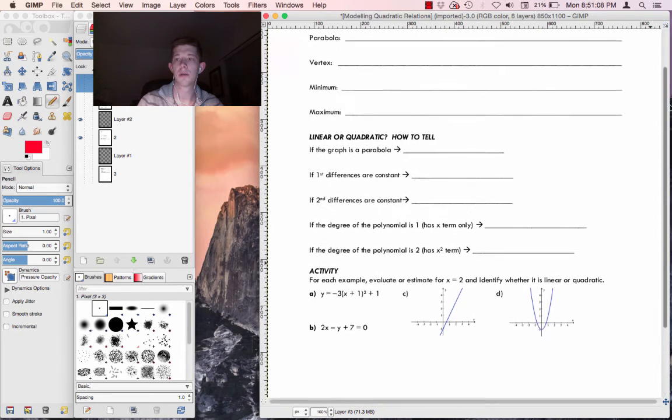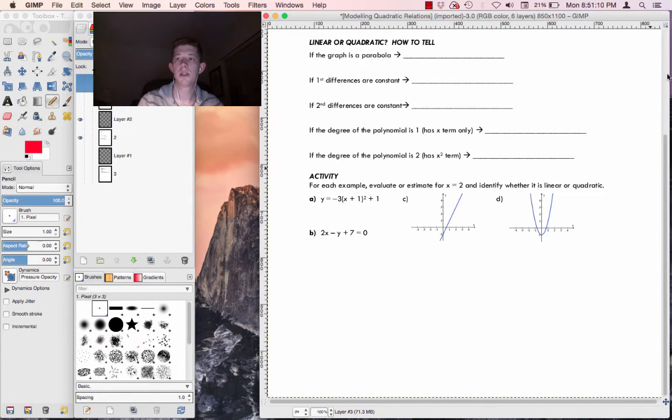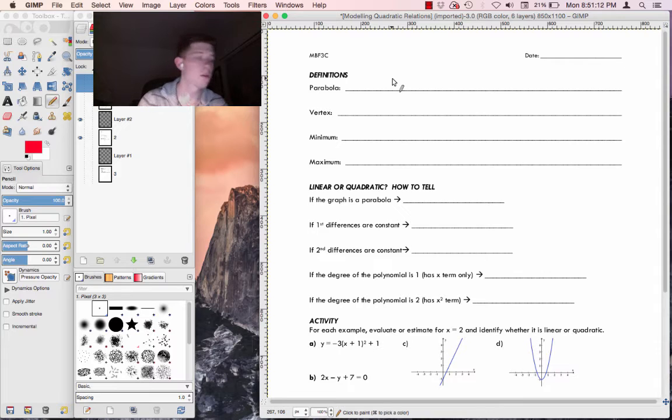And I'll scroll up to the top. So we just have a few definitions to go over. So parabola, I'm just going to pull up my notes here.